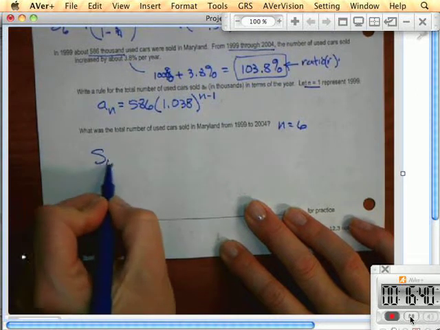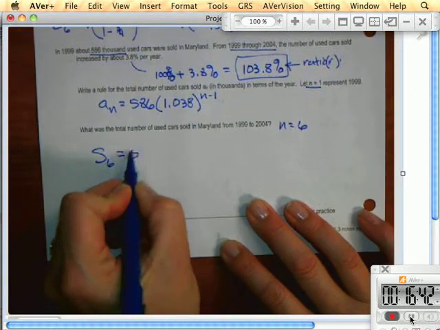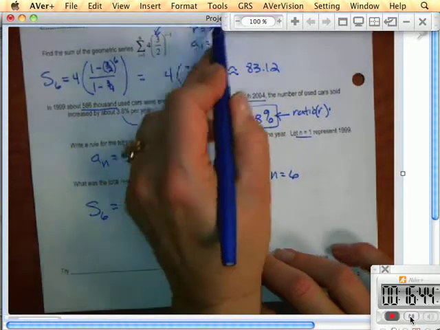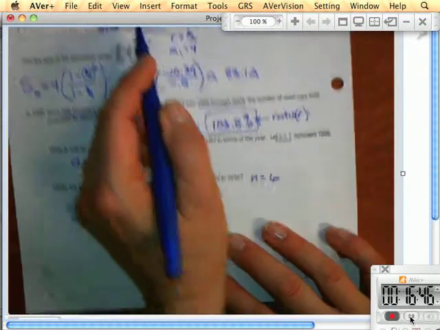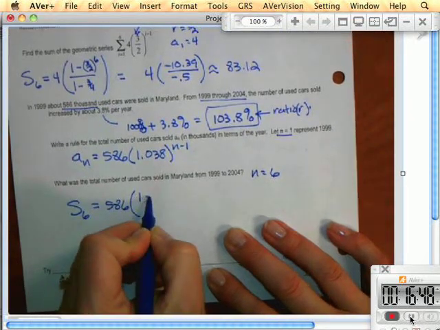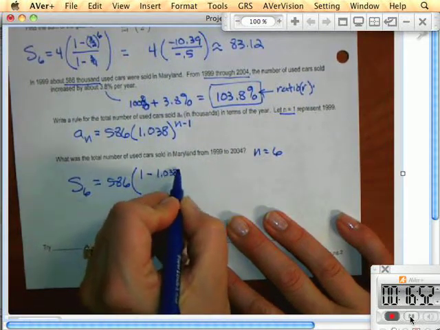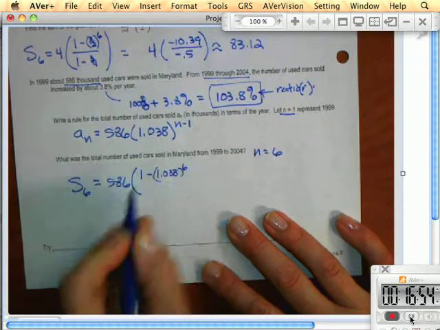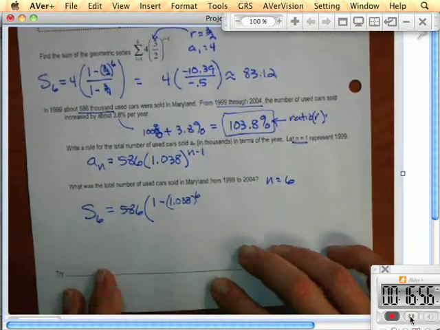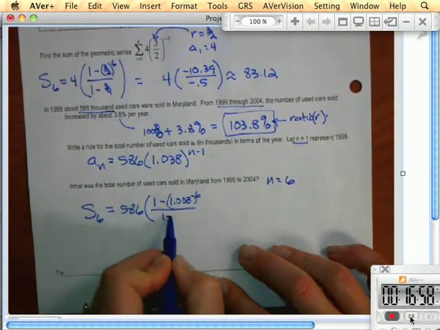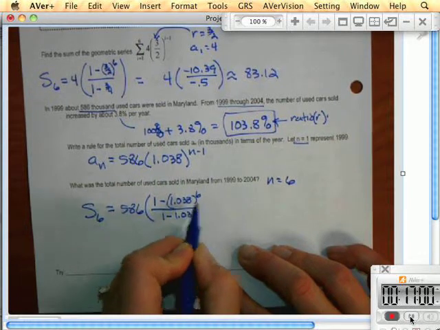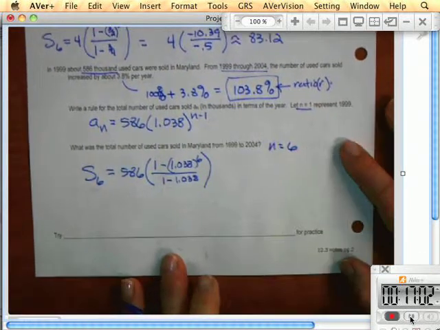S of 6 equals A1, I'm using this formula right here, the summation formula, times 1 minus my multiplier, which is 1.038, my r, to the n, which is 6, all divided by 1 minus 1.038, using that summation equation.